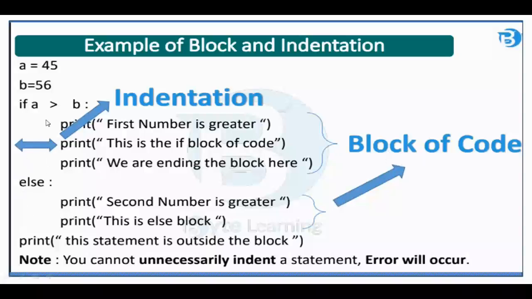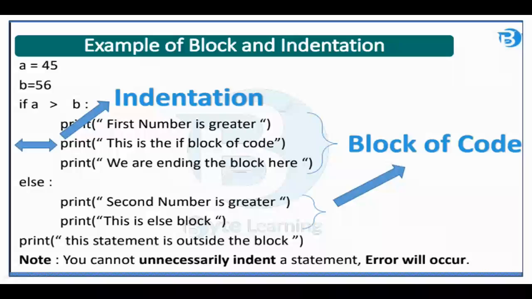Now this is another part of the code that is also a block, and it is also indented. The meaning is that if the condition is true, this indented code will work, and if the condition becomes false, then the else block will be executed. And again when we come back here and press backspace, we come back to this point and the statement is outside the block.